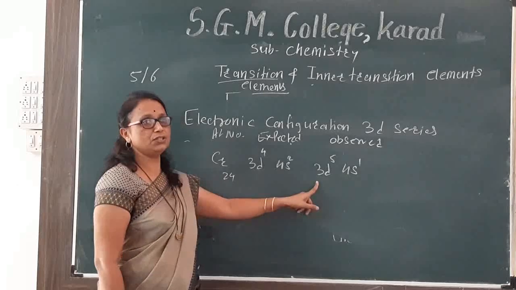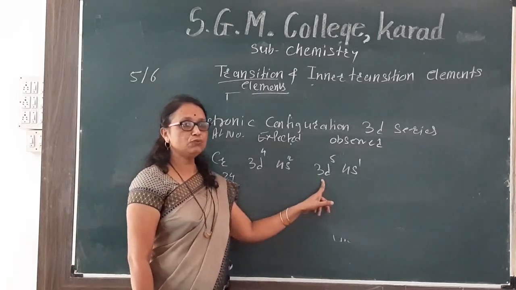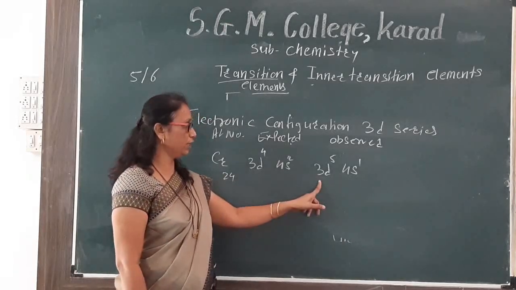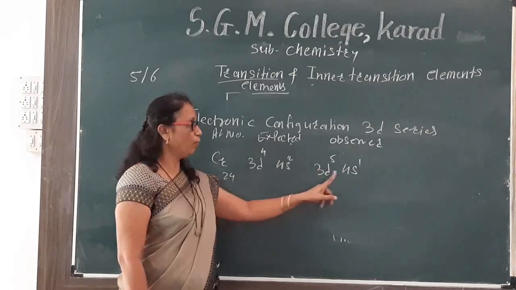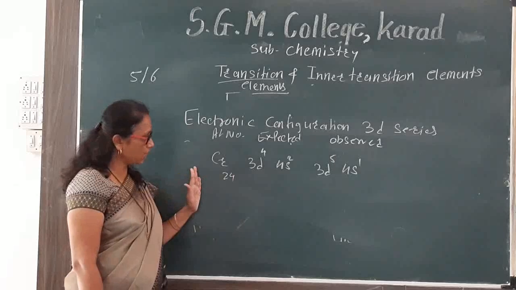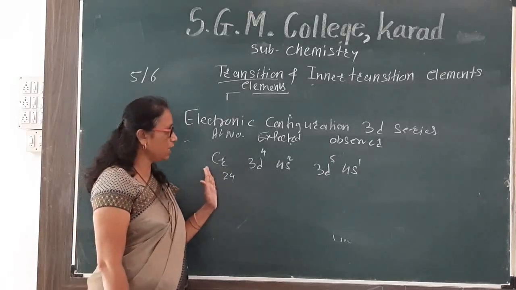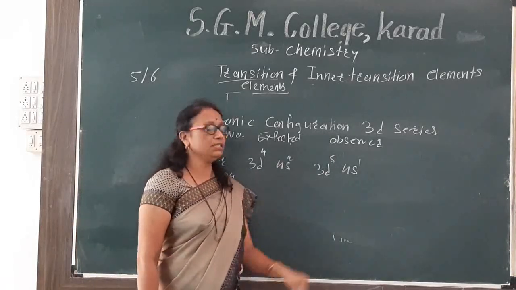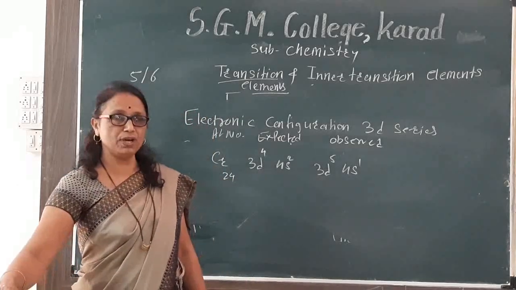In this configuration, the 3d orbital is half-filled and the 4s orbital is also half-filled, so chromium acquires extra stability. Hence the observed configuration is 3d5 4s1.